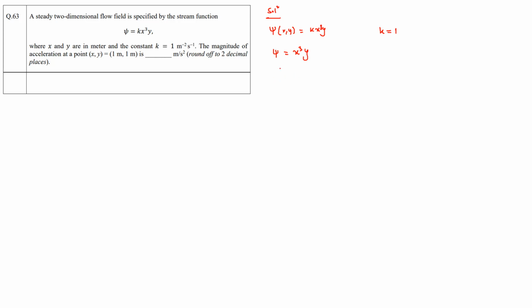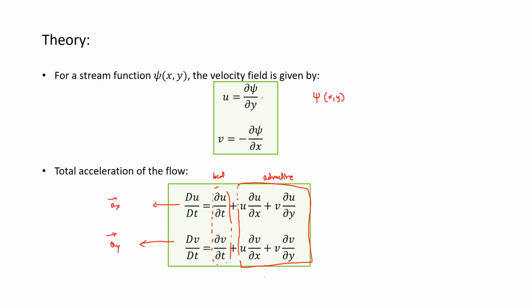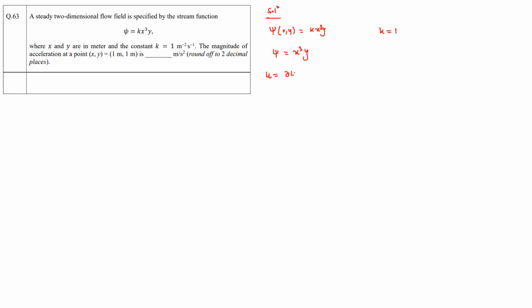Now from here we can calculate u, which from the last slide is partial psi partial y, and that is simply x cube. Similarly, v, which is minus partial psi partial x, will be equal to minus 3x square y. So now we have u and v.